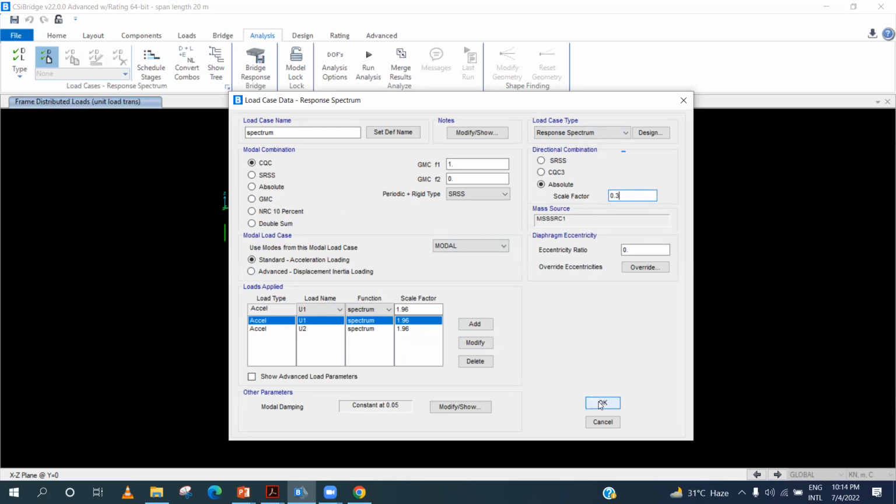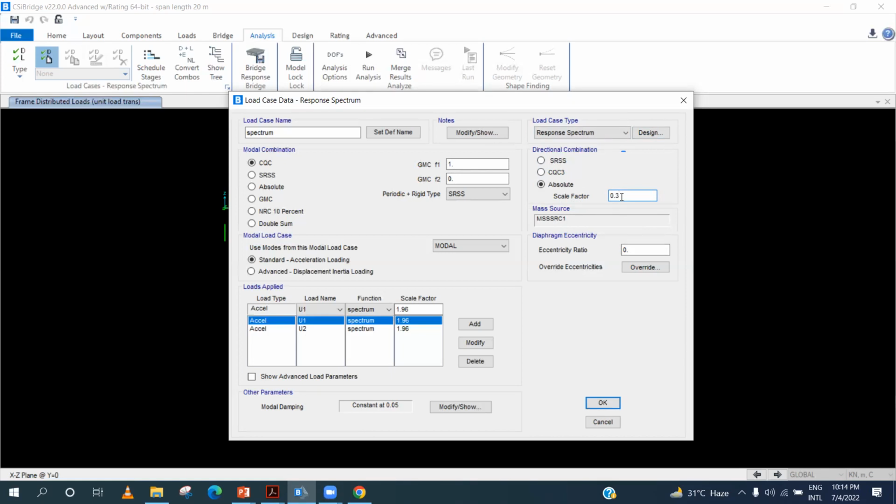Once you define U1 and U2, you don't need to do the combinations. The software does the directional combination for you automatically, and you can check the manual, where they have mentioned explicitly that this covers your 30% and 100% combination.